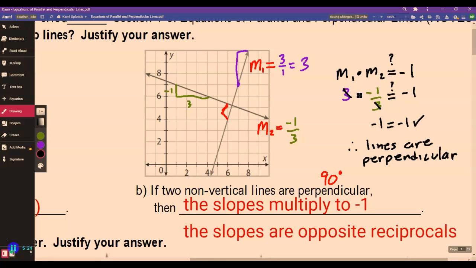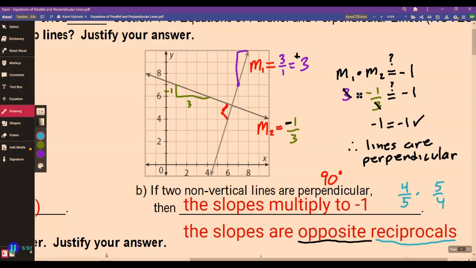And there is another definition down here. I said if they're opposite. Okay, so 3 is positive. The second slope is negative, so they are opposites. And if they're also reciprocals. So recall reciprocals, if I have 4/5, the reciprocal of 4/5 is 5/4.